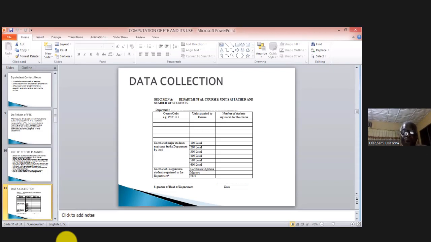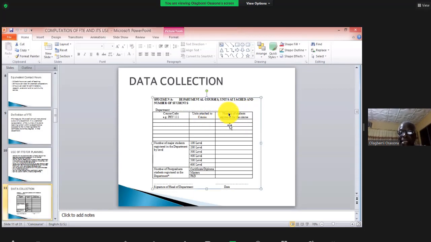What information do we need? We need the course code offered by each department, all the courses offered by each department, and we need the units attached to each course. From then we also need the number of students that are registered for each course in that department.